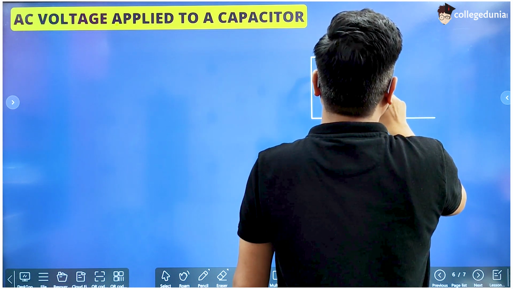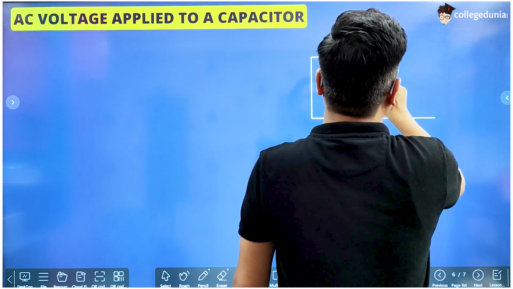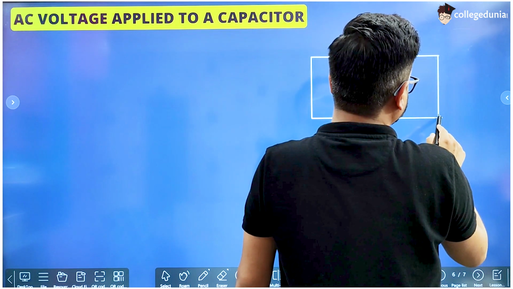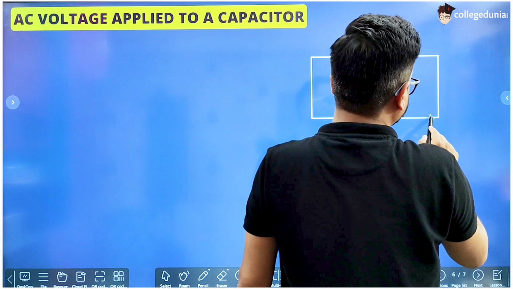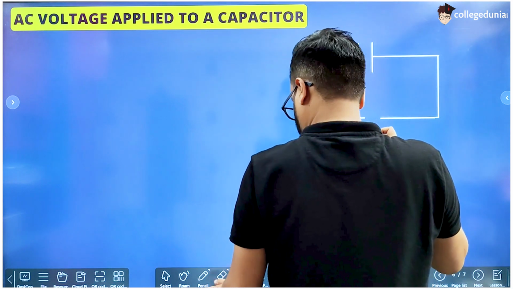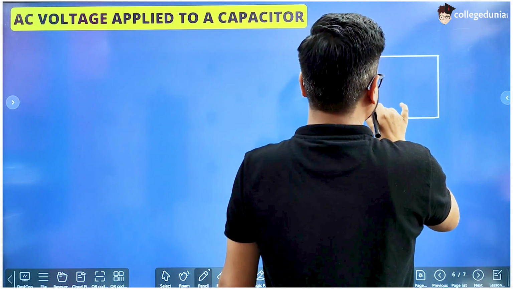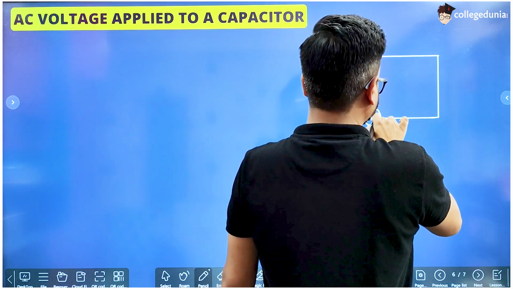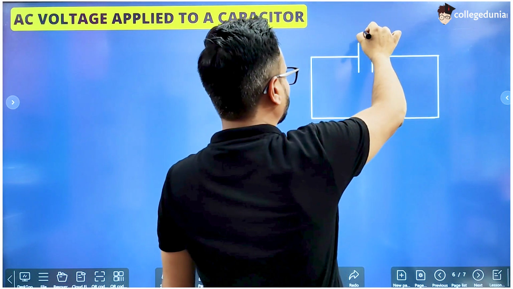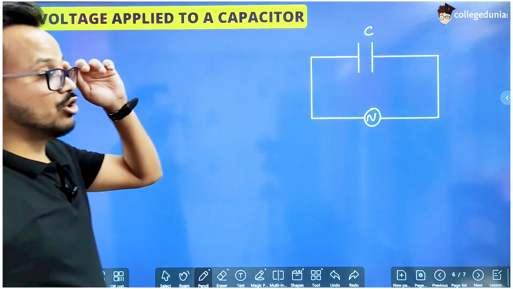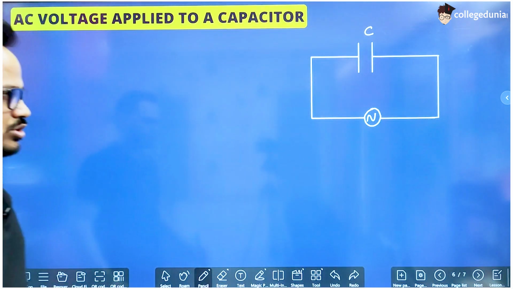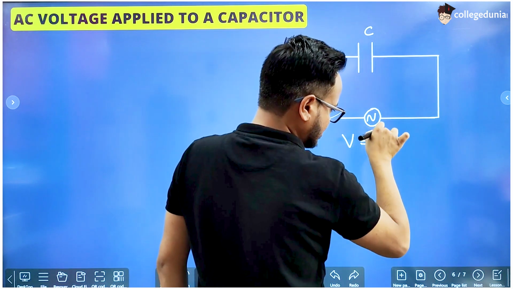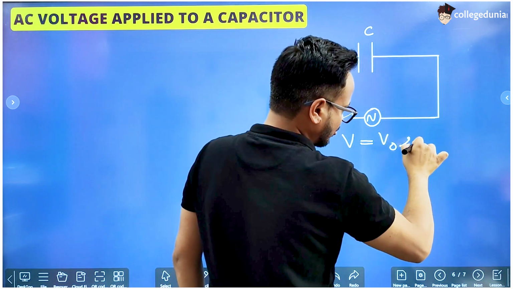This is the capacitor, which is connected across an alternating voltage source. We have applied an alternating voltage which is V naught sine omega t.